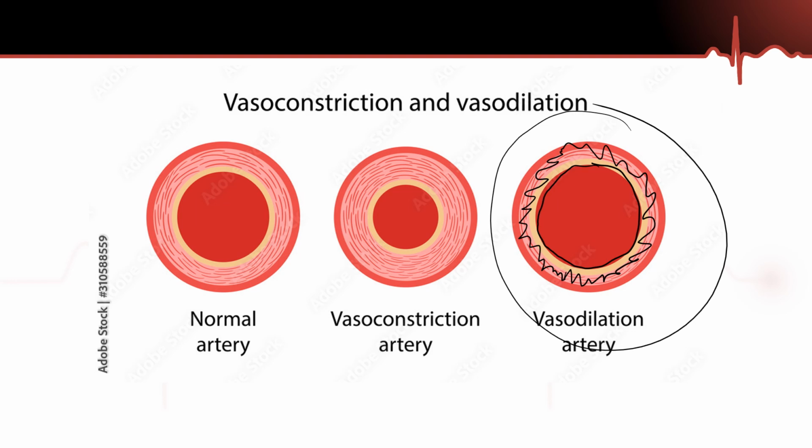But we know something is causing vasodilation of these vessels in the head. And one of the things that we think causes this vasodilation is, or are, these prostaglandins, this class of eicosanoid.